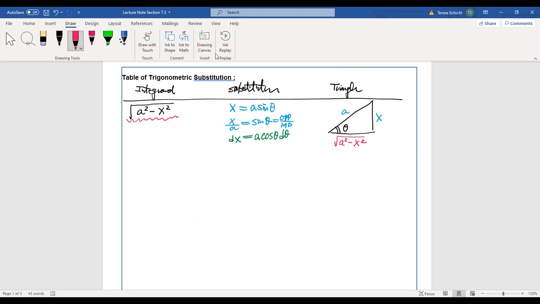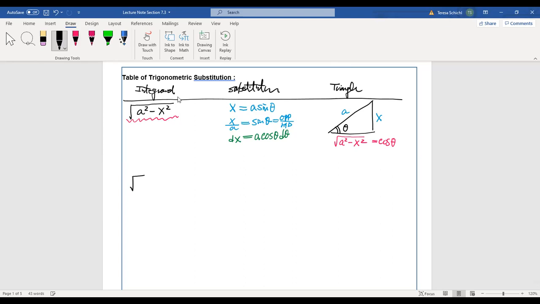So that is pretty cool, right? So that's why you will say, okay, this is what we're going to have. The square root of a square minus x square is equal to a cosine theta, right? Okay, so now your whole integration can be changed to a trig function, the sine, cosine, secant or tangent. Okay, let's take a look at the next one here, right?